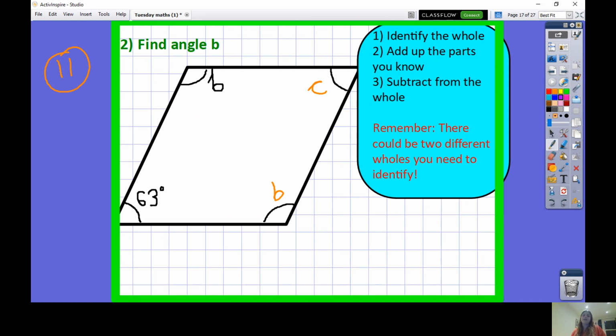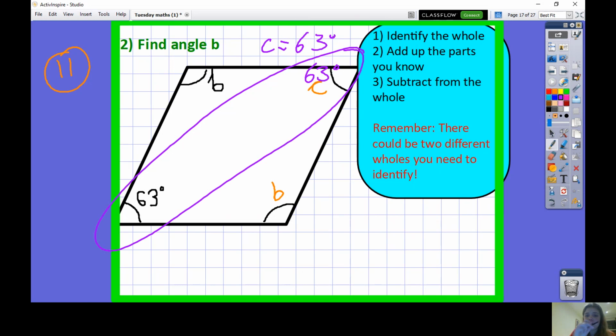Right, I'm going to go through the answers now. Hopefully you all automatically spotted that I know angle C is straight away equal to 63 degrees. Okay, remember in a parallelogram, opposite angles are equal. Okay, so now let's find out what both of those are equal to together. That's 63 times by 2, which we know is 126.